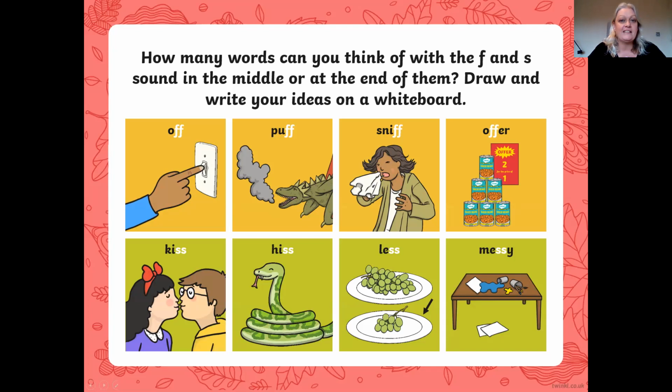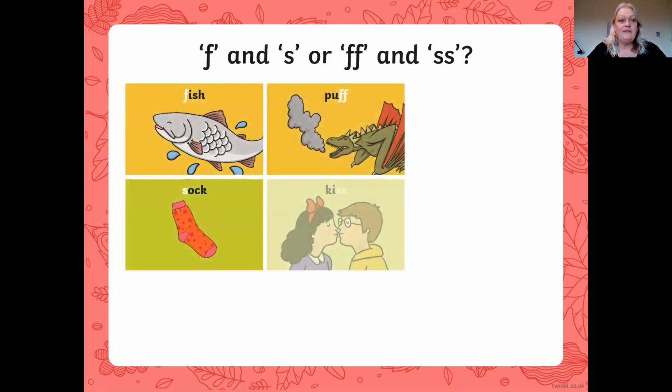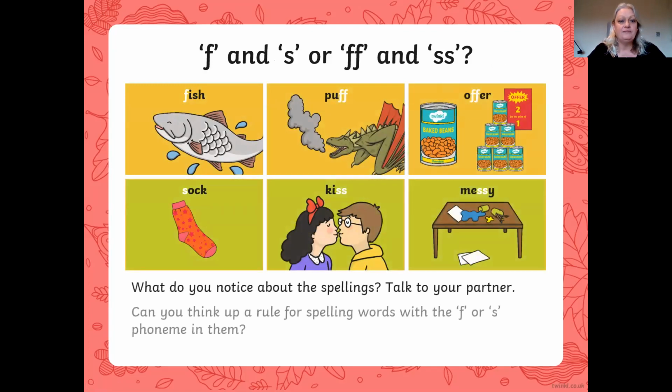Did you come up with any others? Well done if you did. So we've got to decide whether it's the same sound. It's still an f sound or an s sound. But what do you notice about the spellings? Look at the spelling of these words.